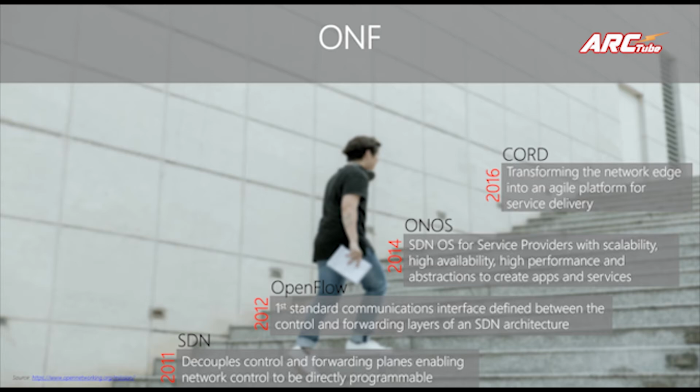What basically it does is convert the existing central offices or local exchanges to a mini data center where we use a lot of virtualized versions of network functions instead of using multiple physical network functions. And the work of ONF continues because we are now in 2020. Since 2016, there were several developments within ONF and the work continues.